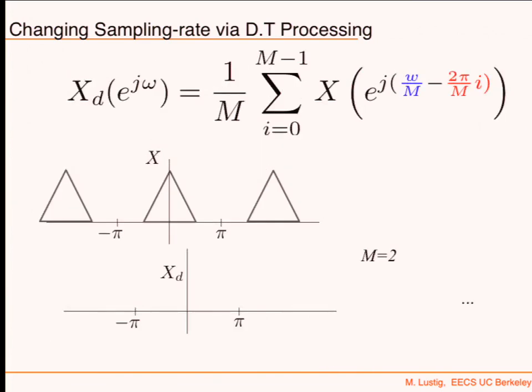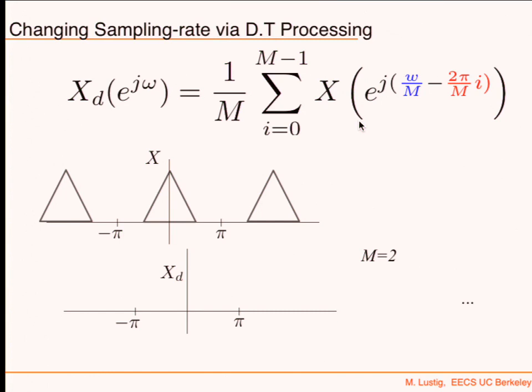Let's see what it actually looks like. If I have a spectrum like this, this is X(e^{jω}), and the spectrum is 0 between π/2 and π. So what is actually going on? The first thing I'm going to do is scale, and let's say I set M equal to 2, so just downsample by a factor of 2.